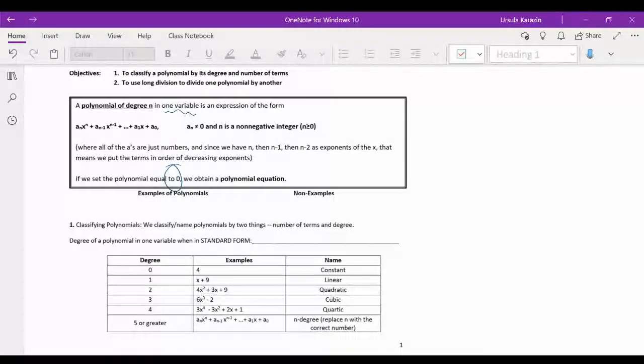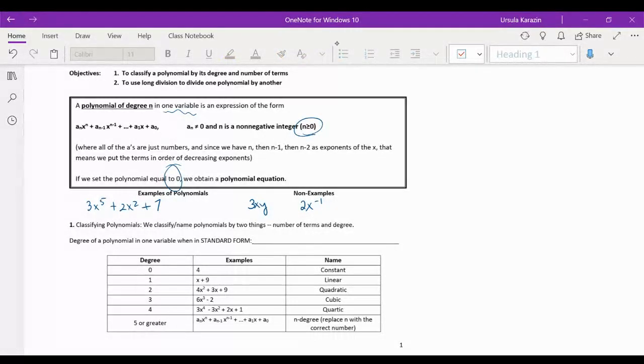So some examples of polynomials, we can have 3x to the 5th plus 2x squared plus 7. That would be a polynomial. Things that are not polynomials, we're not going to have like 3xy. We wouldn't have 2x to the negative 1 because if you notice, it says that all of the exponents are greater than or equal to 0.